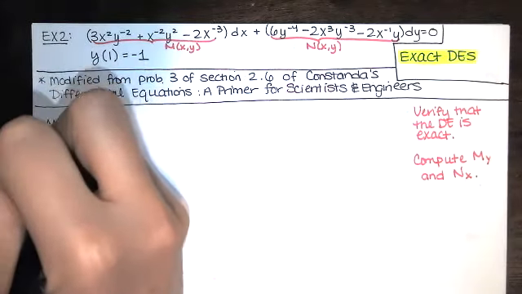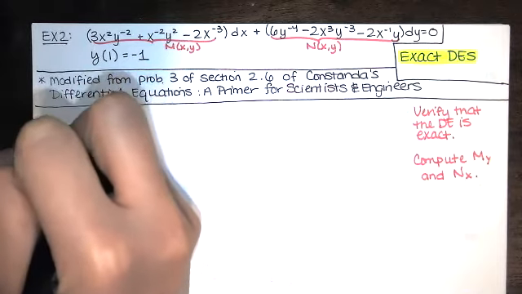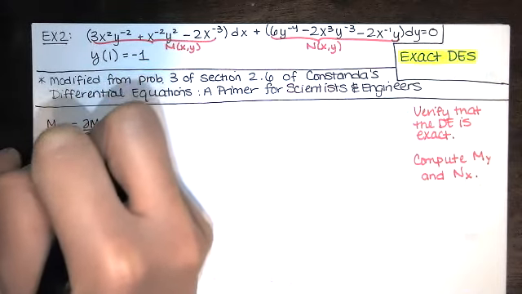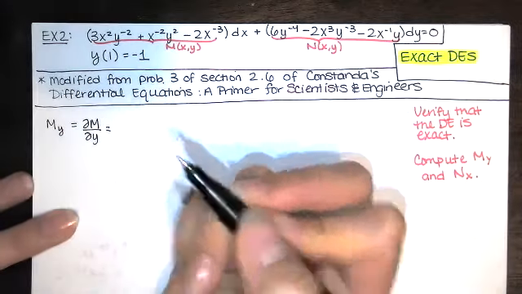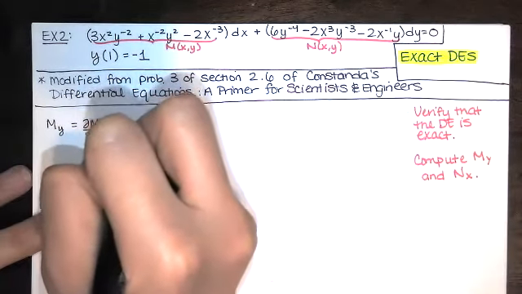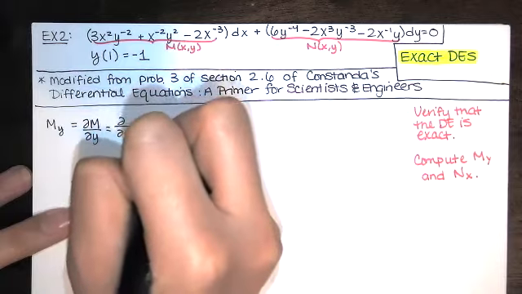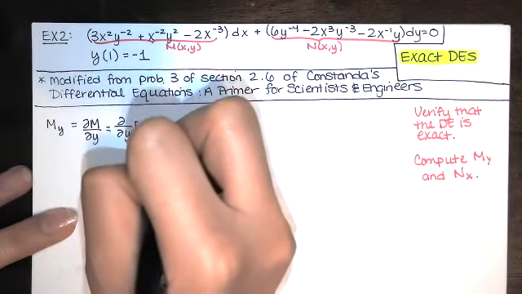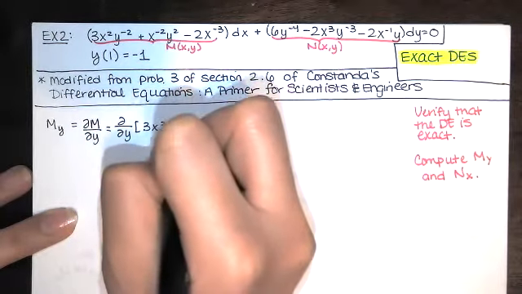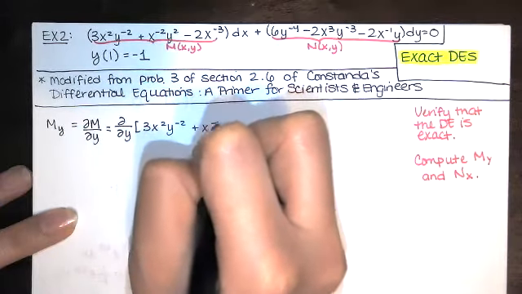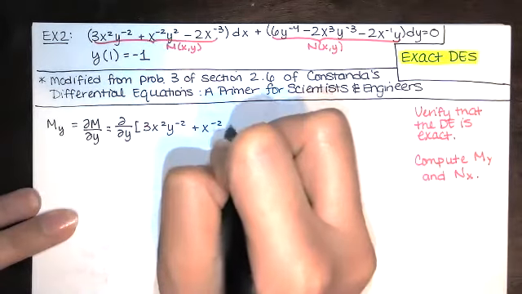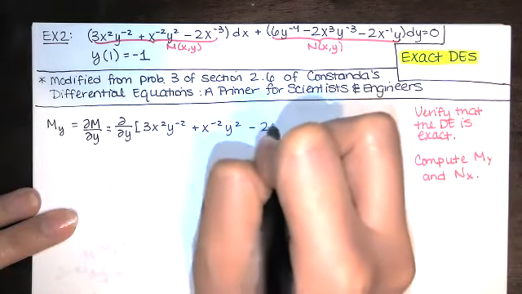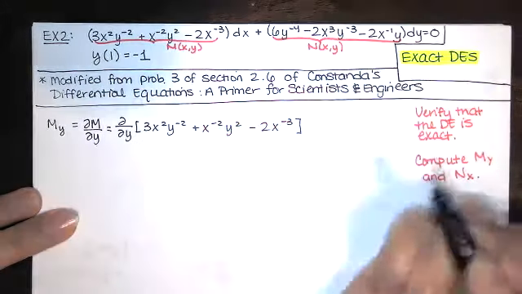So the partial of M with respect to y, which can also be written this way if you prefer Leibniz notation, that's fine, is this. Partial with respect to y of 3x squared times y to the negative 2 plus x to the negative 2 times y squared minus 2x to the negative 3.